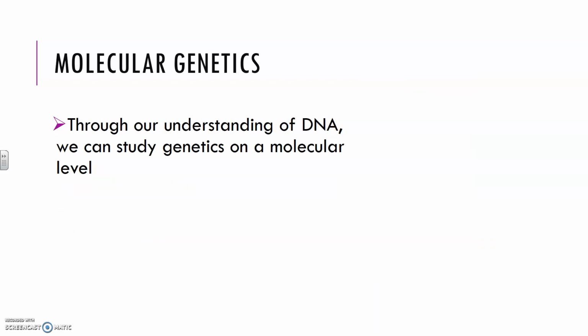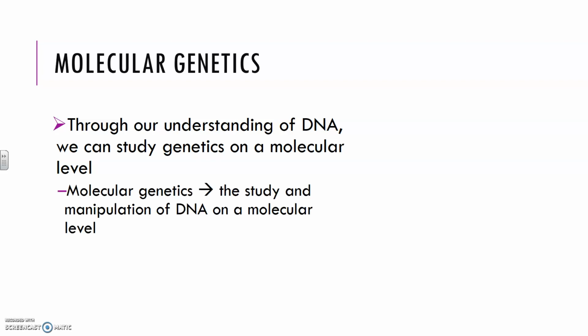Through our understanding of DNA, we have been able to study genetics on a molecular level. So we can get down and manipulate DNA on that molecular level. That is molecular genetics, and that's how you get things like GMOs. We have actually input frost-resistant genes into some orange trees in Florida, which means that a late cold snap is less of an issue for them.